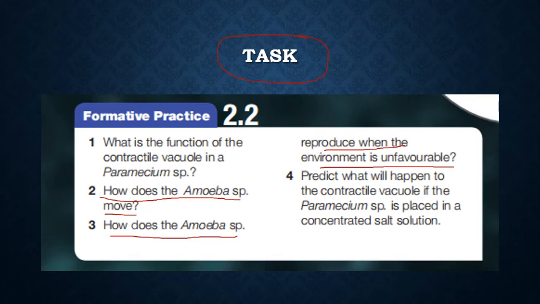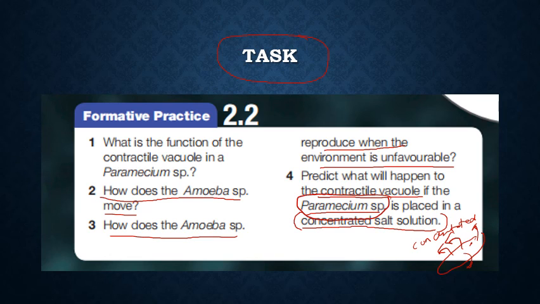Predict what will happen to the contractile vacuole if the paramecium is placed in concentrated salt solution. Concentrated salt solution here means there is less water in the solution around the paramecium. This is the paramecium, and here is the concentrated solution, meaning that water will diffuse out from the paramecium into the concentrated solution, making the paramecium dehydrated.